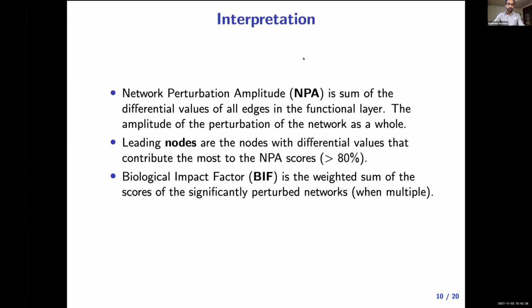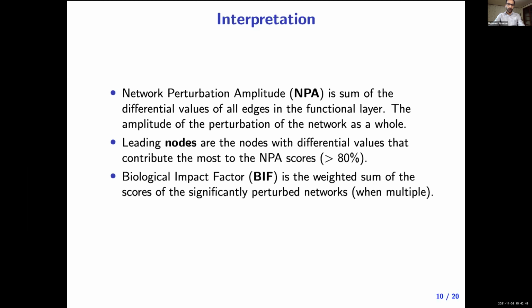So the interpretation of the scores that we get here is that the NPA score is the sum of the differential values of all the edges in the functional layer. And this amplitude indicates the magnitude of perturbation that a particular condition induces on the network as a whole.